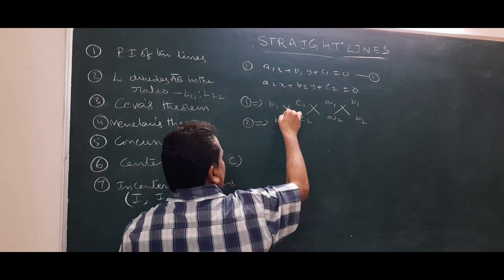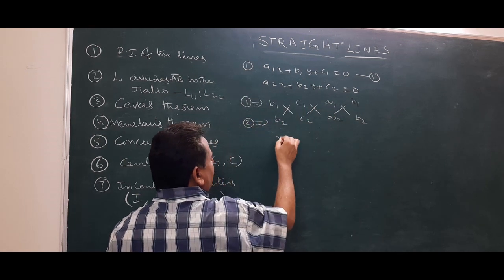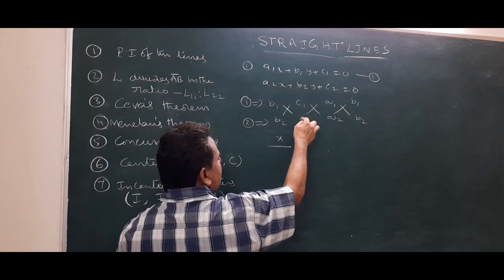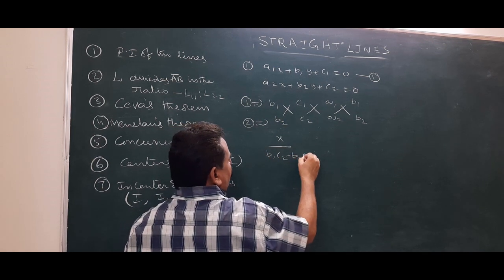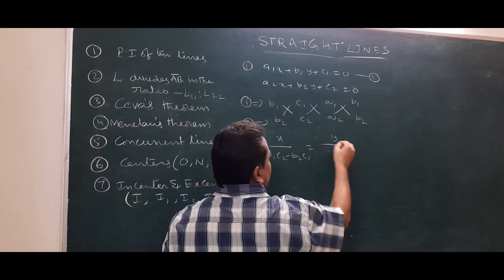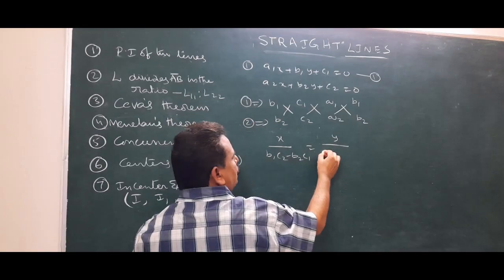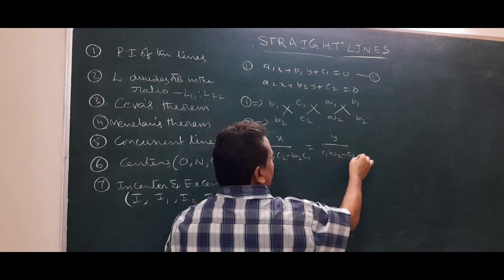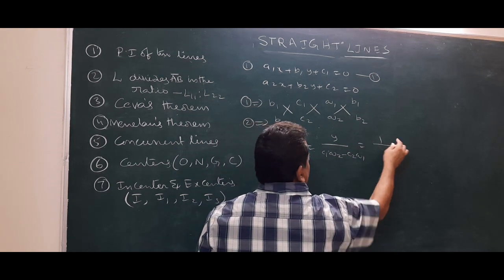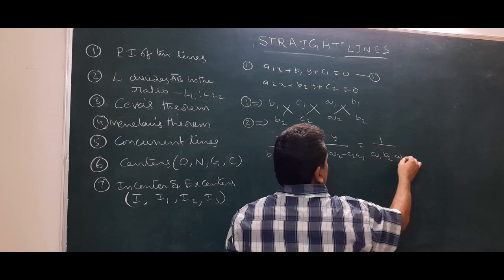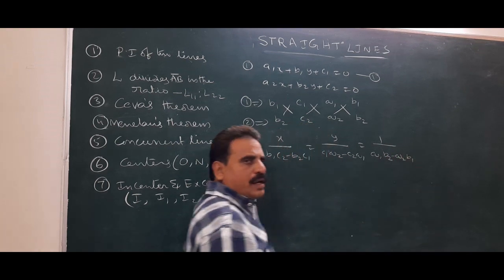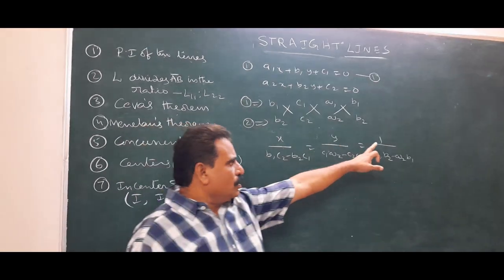Cross multiplication method, it is the rule. You have to take x by b1c2 minus b2c1 equal to y by c1a2 minus c2a1 equal to 1 by a1b2 minus a2b1. Look here. First and last you take that.